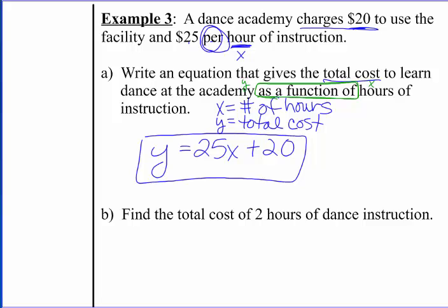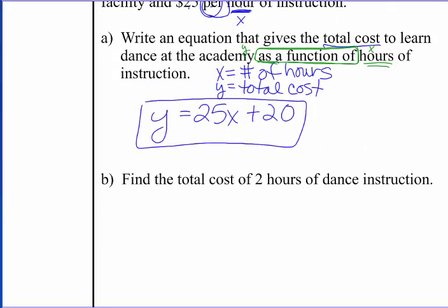So in front of the phrase as a function of, we have our total cost to learn dance at the academy. So y is our total cost. After that phrase is hours. So our x variable is the number of hours.